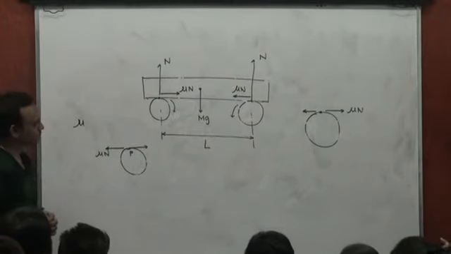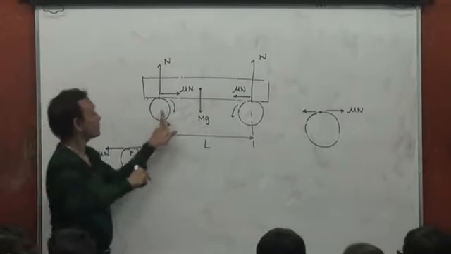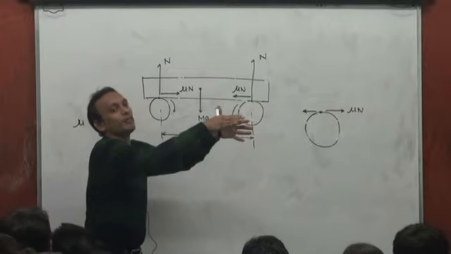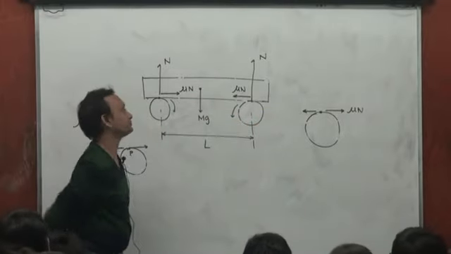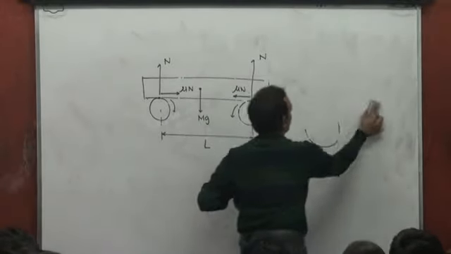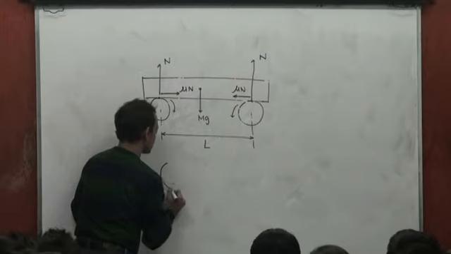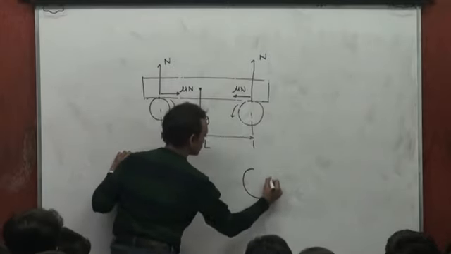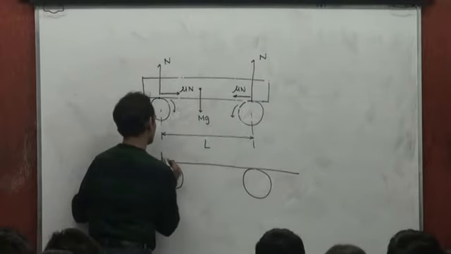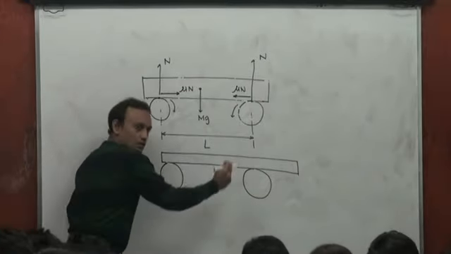Now, when I shift the platform by an amount x to the right, retaining the positions of the rollers, if I slide very slowly the platform by an amount x to the right, what happens? I've shifted the platform by an amount x to the right.